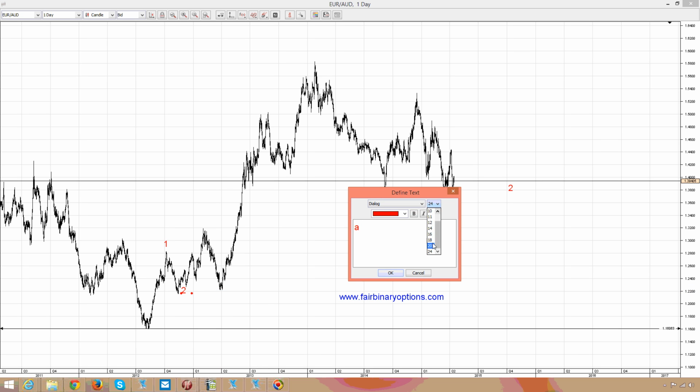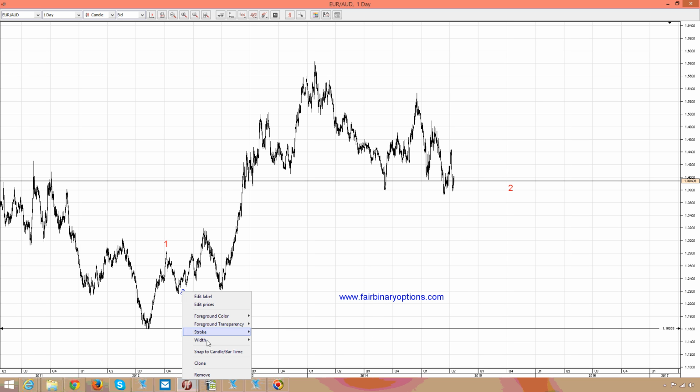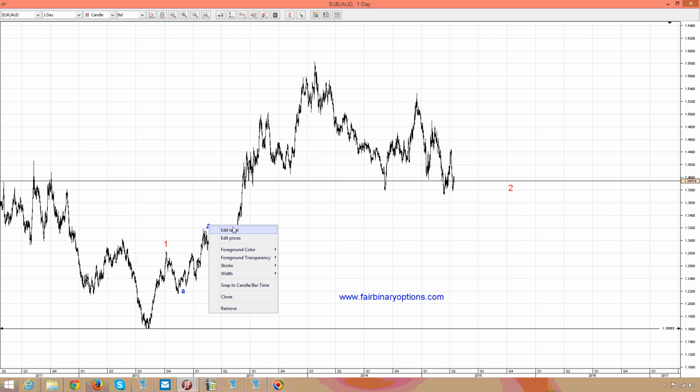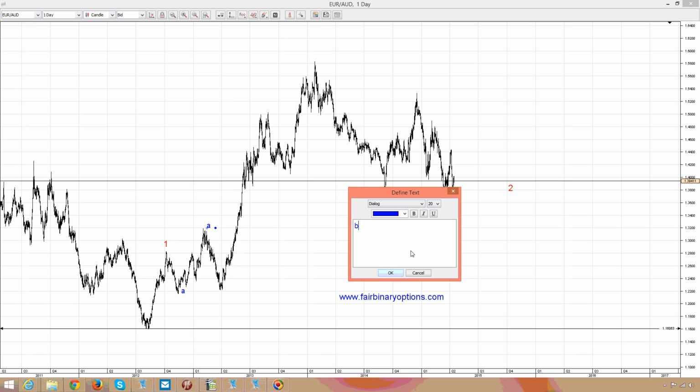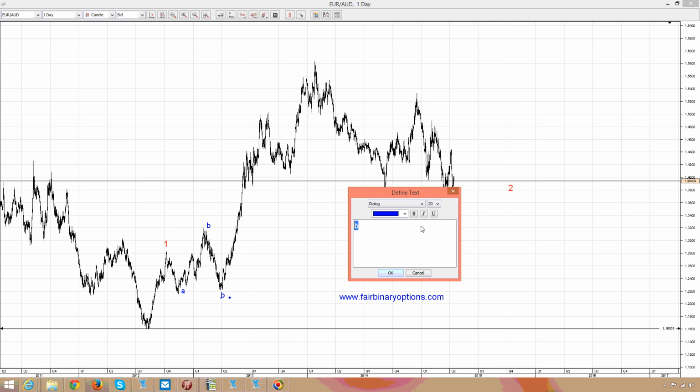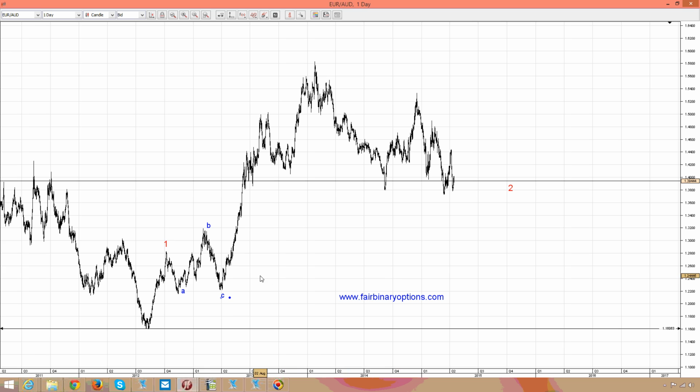A, then the B wave. Like any flat, it travels with three waves, A, B, C, waves A and B being corrective, wave C being impulsive, so here's the impulsive move. This flat is being called an irregular flat, and the irregular flat is always going and takes the lows in the previous wave A, just like that.